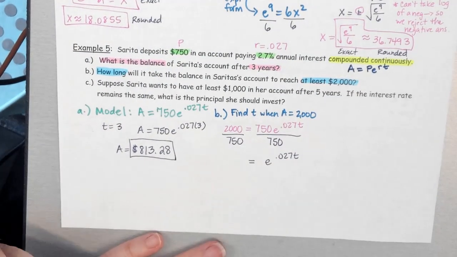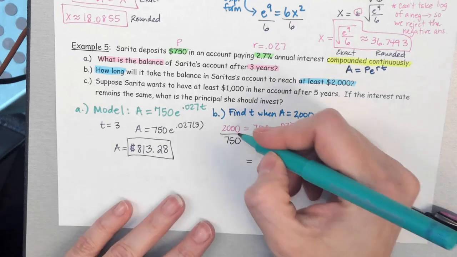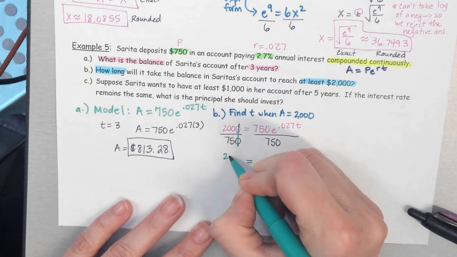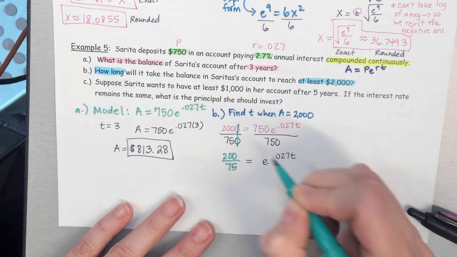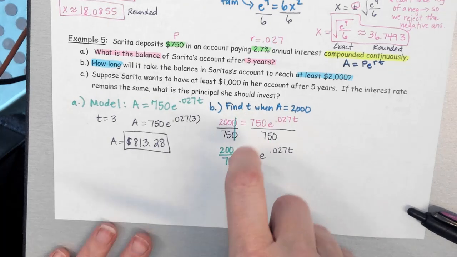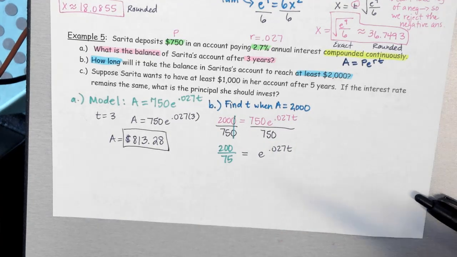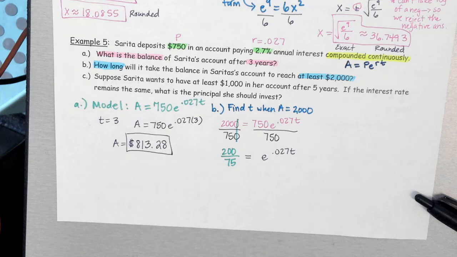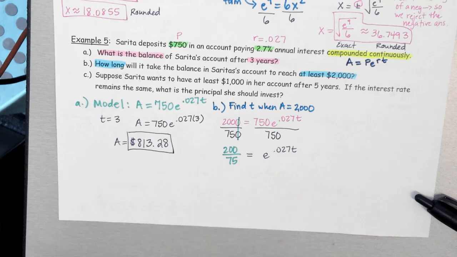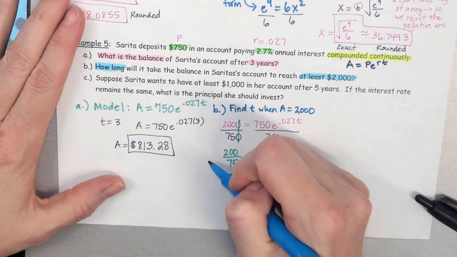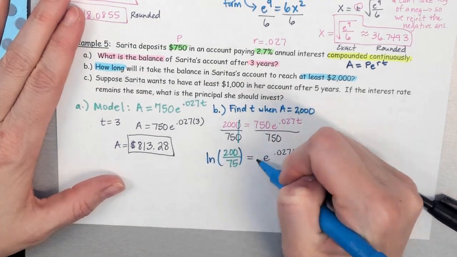You can also reduce this if you want, because look, you have the zeros on the end. So sometimes I reduce it just so I don't have to write out the full numbers, because I know what the reducing is. Okay, and then once you get here, this is going to be our new step. So if you have e, what you're going to do is you're going to take the natural log of both sides.